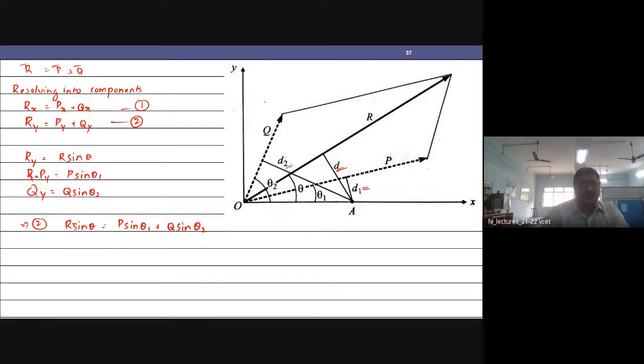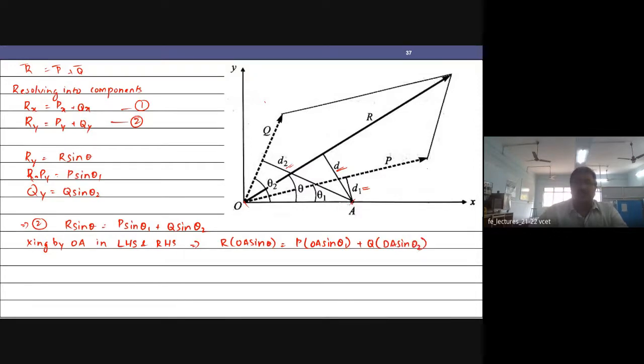Now, what if in the LHS and in the RHS I multiply by the distance OA? So R into OA sine theta equals P into OA sine theta 1 plus Q into OA sine theta 2.